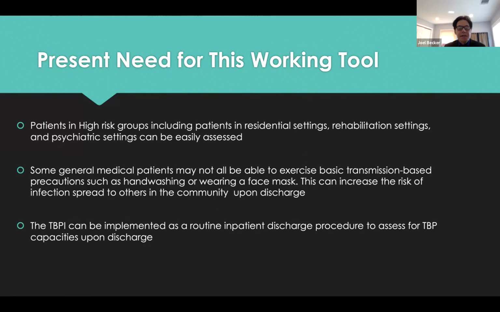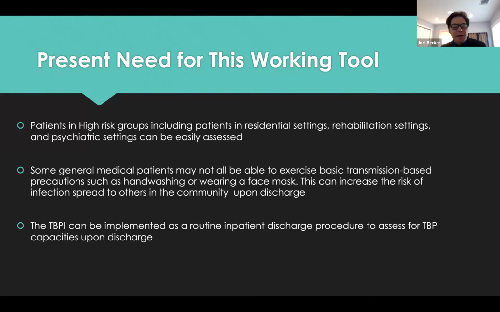Even general medical patients who may be completely competent cognitively may have physical, psychophysiological, or other needs that won't allow them to use TBI procedures. It's important that we know that they could not really participate in potentially putting on a face mask, for example, or washing their hands or other things that could help with mitigating infection.